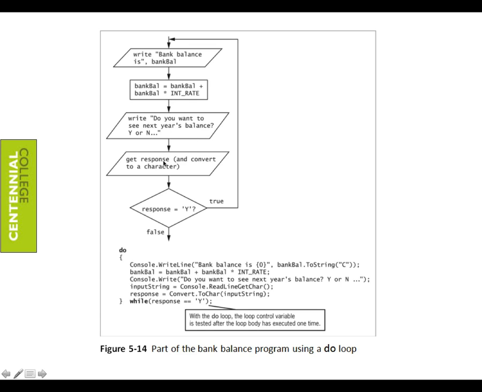Yes or no. Get the response and convert it to a character. If the response is yes, then do it again. If it's false, exit. So this is why this works nicely. It's a do loop. It runs, and it'll at least calculate your bank total once, right? It'll go through this menu. That's why it's good for menus.